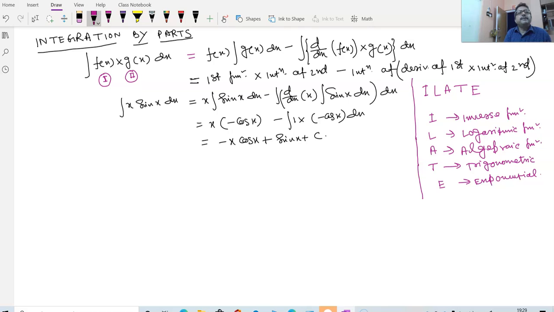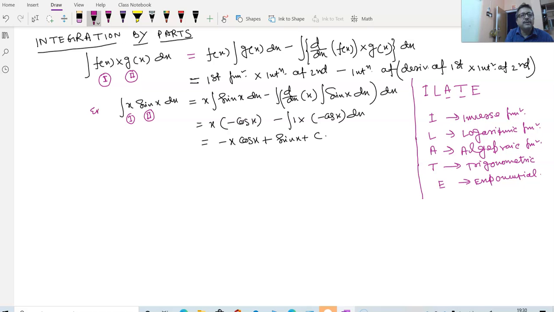So in our problem, x is algebraic, and that's why it is taken as first, because it is a product of algebraic and trigonometric. Trigonometric comes later than the algebraic one. Algebraic is x, trigonometric is sin x. So sin x is the second function and x is the first function.